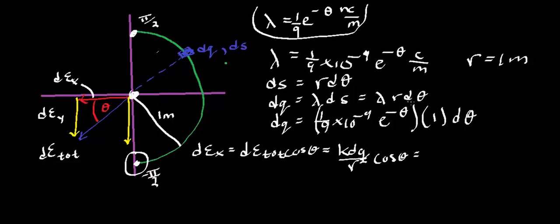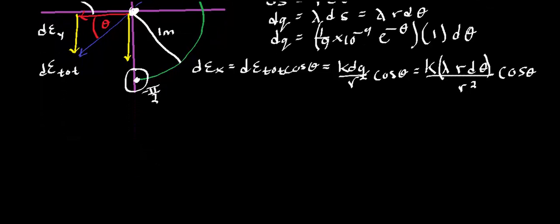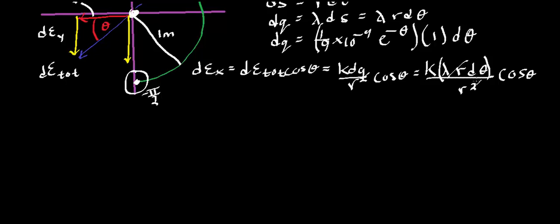We found an expression for dq, so we say k times dq, which is lambda times r times d theta, divided by r squared. The part in parentheses is the dq, and that's multiplied times cosine of theta. Notice that the r cancels with the r squared on the bottom.